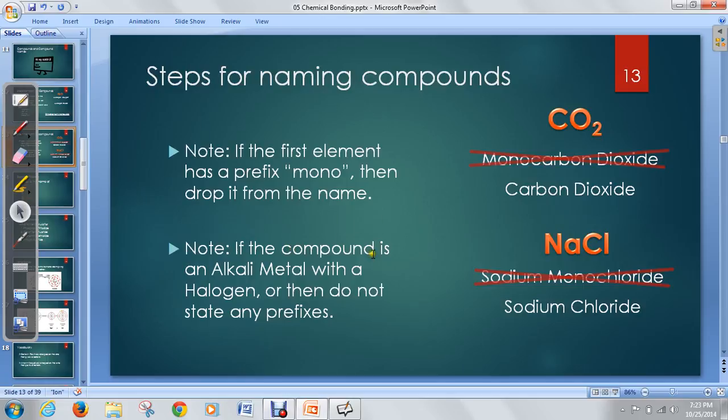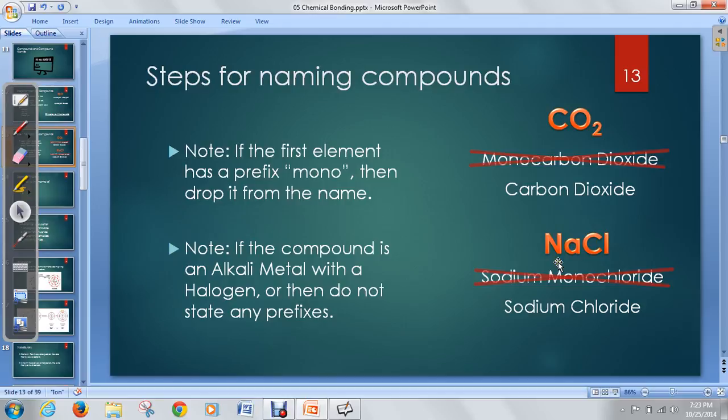The second one is if the compound is an alkali metal with a halogen, an ionic bond, then we don't state any prefixes. For example, sodium and chlorine. You might want to think this is monosodium monochlorine, but because sodium is an alkali metal and chlorine is a halogen, we're going to drop both monos.